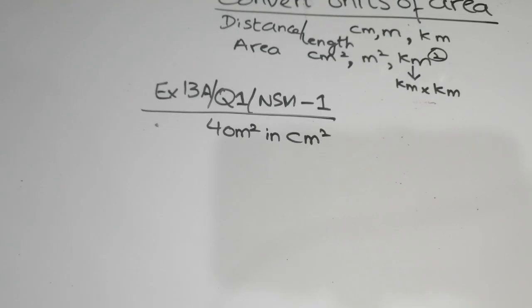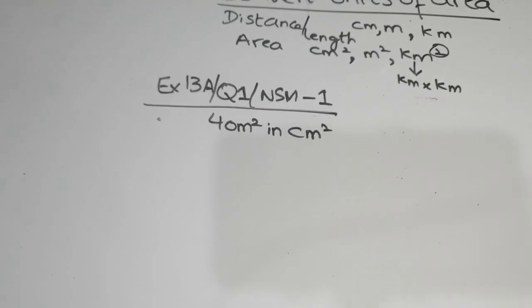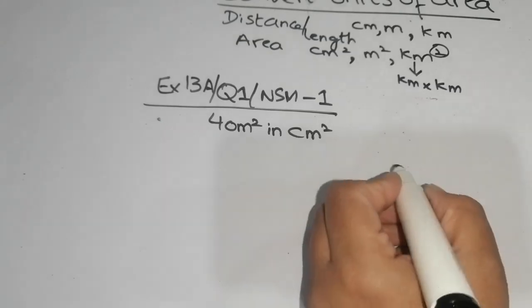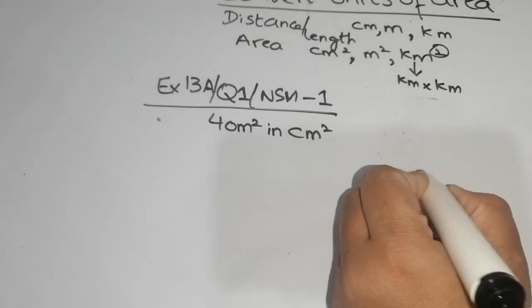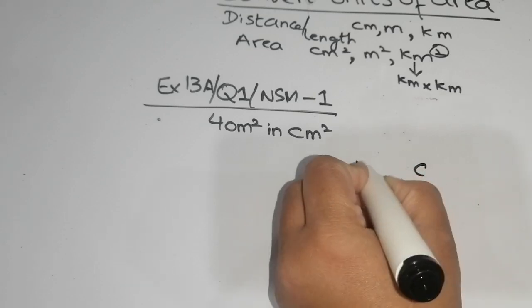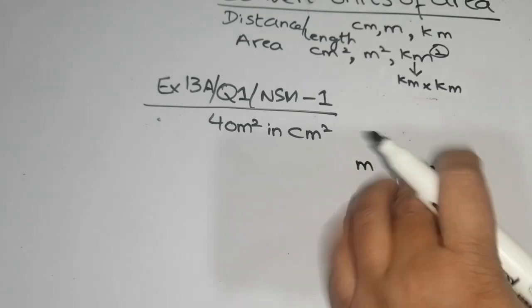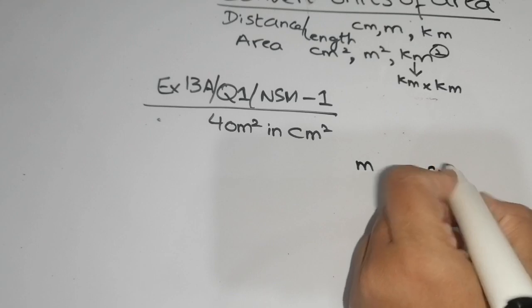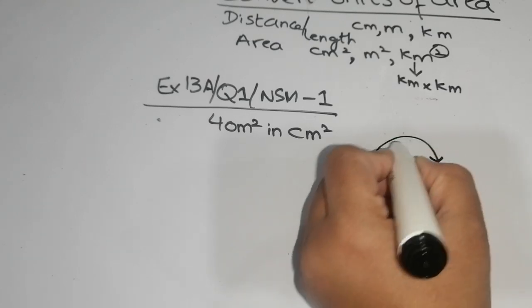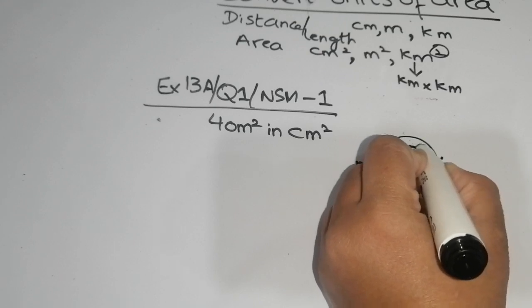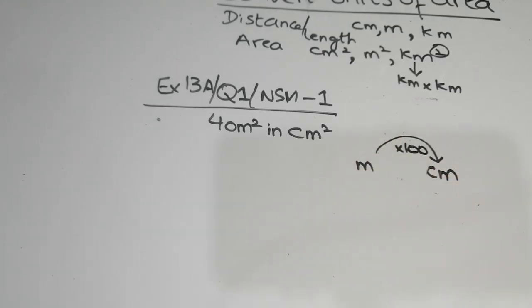So, meter to centimeter. Let's make a conversion web. If we are converting from meter to centimeter, we are going from a bigger unit to a smaller unit. So we multiply by 100, because in one meter there are 100 centimeters.